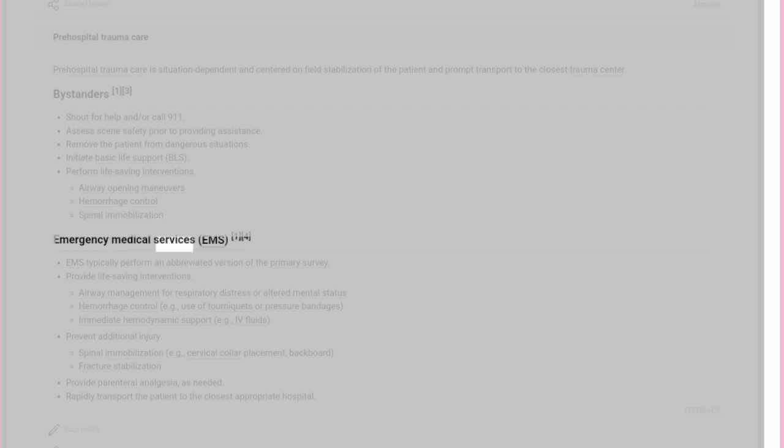Emergency medical services, EMS, typically perform an abbreviated version of the primary survey.